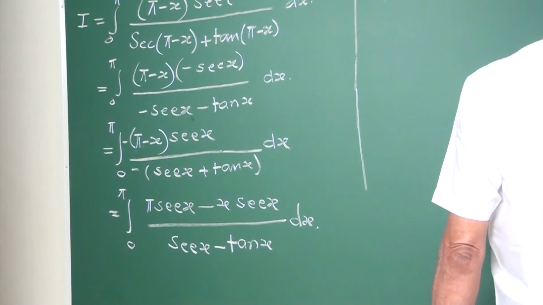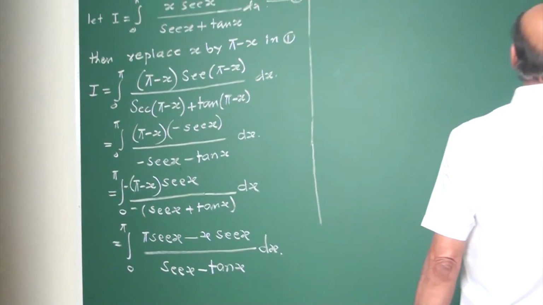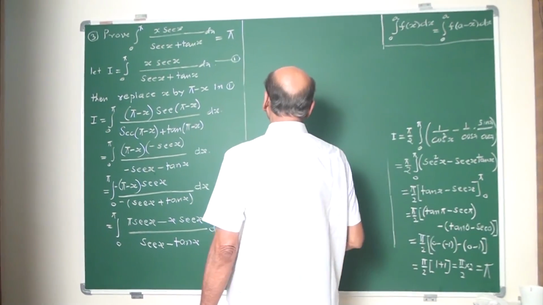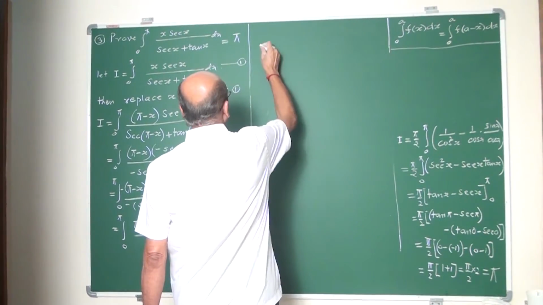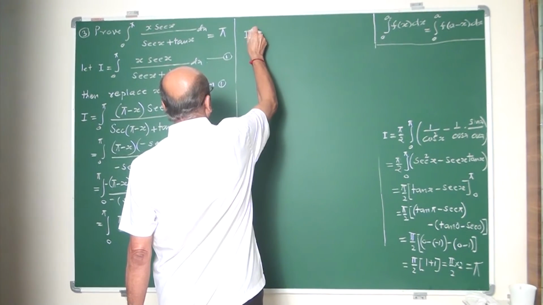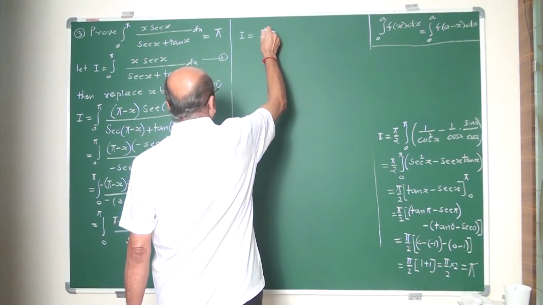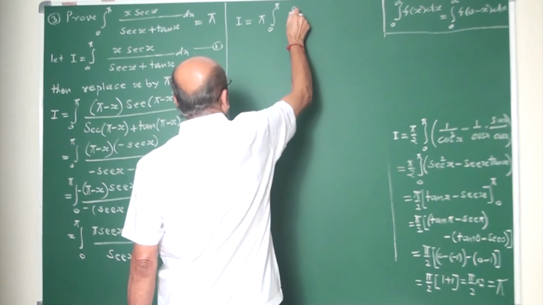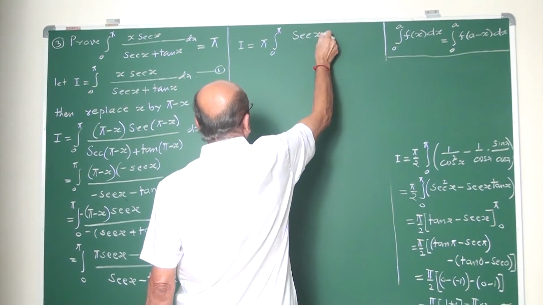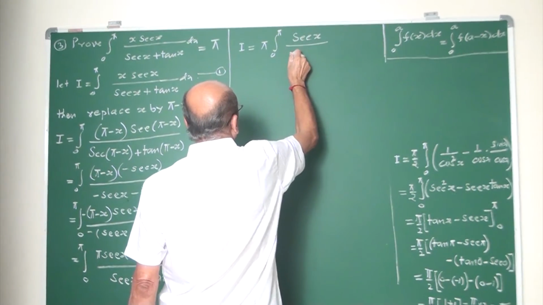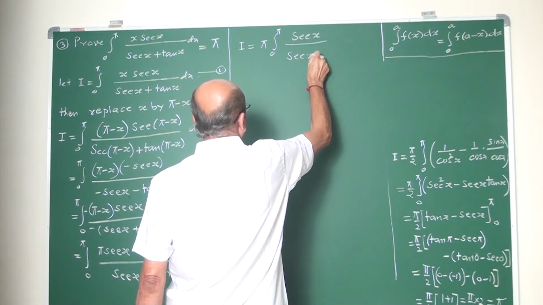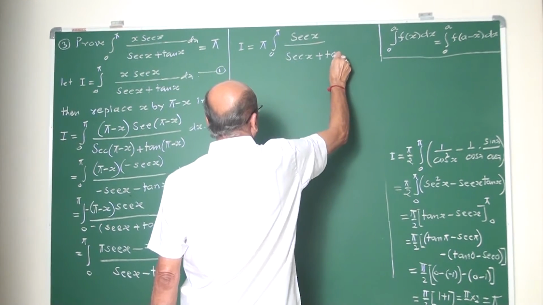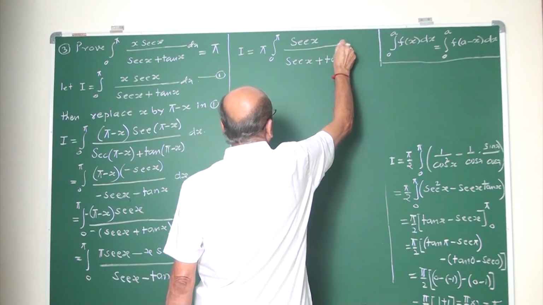Now this theorem part I keep it. We are using it: upper limit minus x. Next I write two separate integrals. I equal to pi, which I take outside, integral 0 to pi of (sec x upon sec x plus tan x) dx.